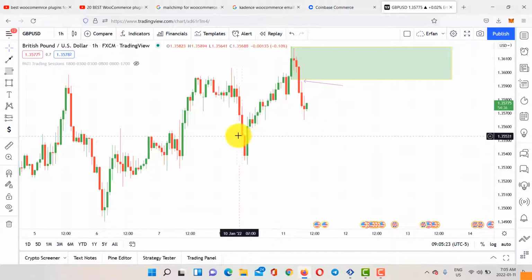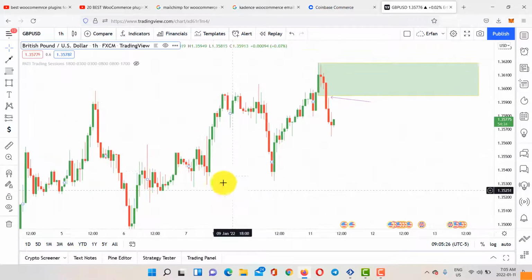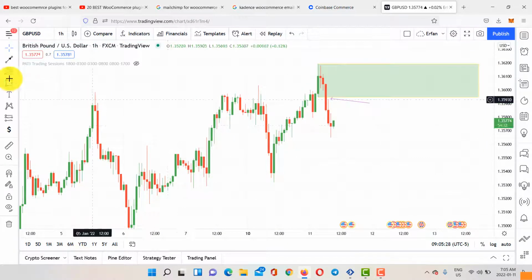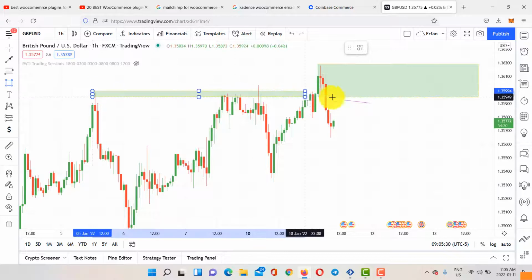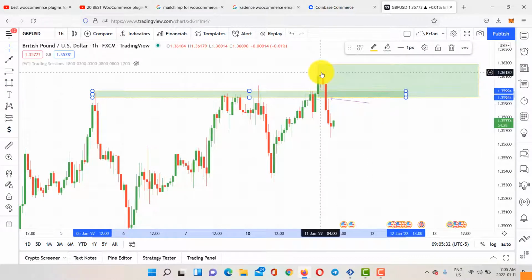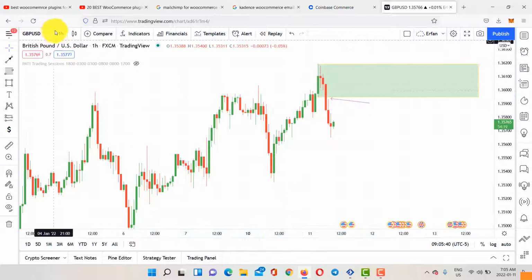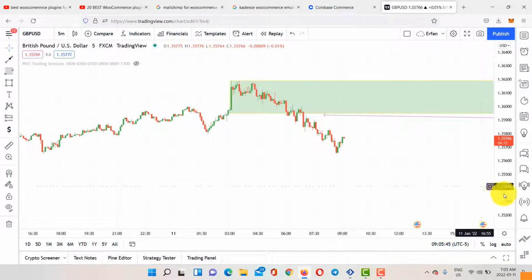That's why I drew my order block right here. I can't see anything else. Everything's kind of tapped out. We also have a resistance level here, which already got broken. However, it retraced and actually broke it one more time, so it's invalid immediately.